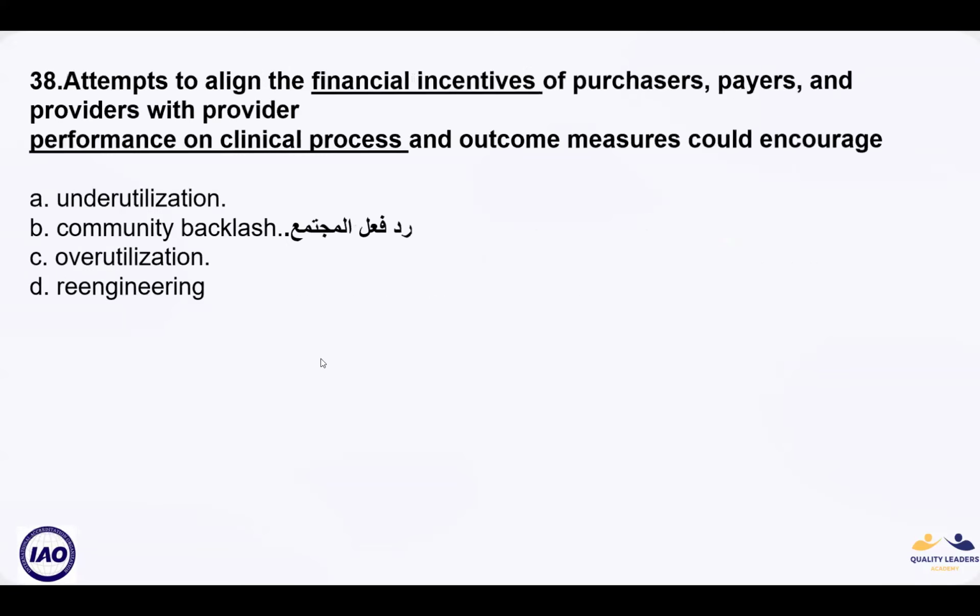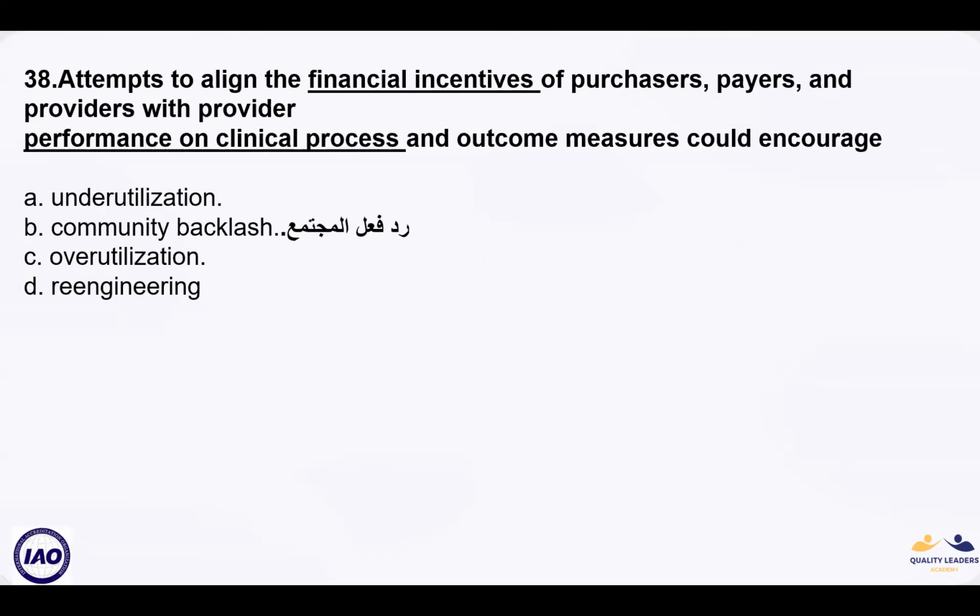Coming to question number 38. Attempts to align with financial incentive of purchasers, payers, and providers with provider performance on clinical processes and outcome measures could encourage what? So here it's specifically asking, if we align the financial incentives of all three key stakeholders like purchasers, payers, providers with clinical quality performance, what it encourages?